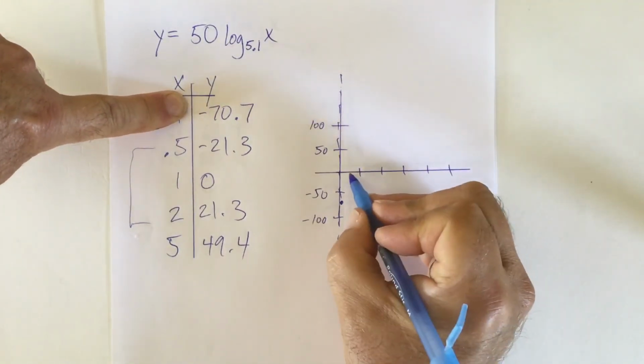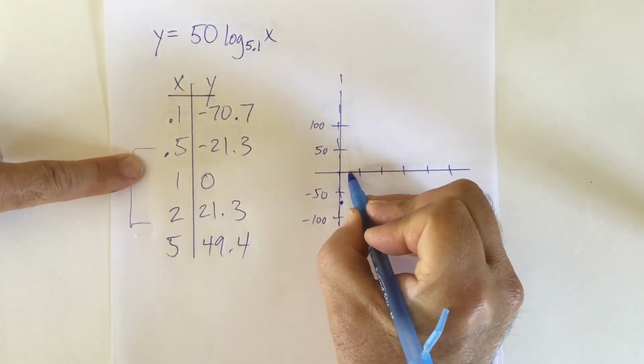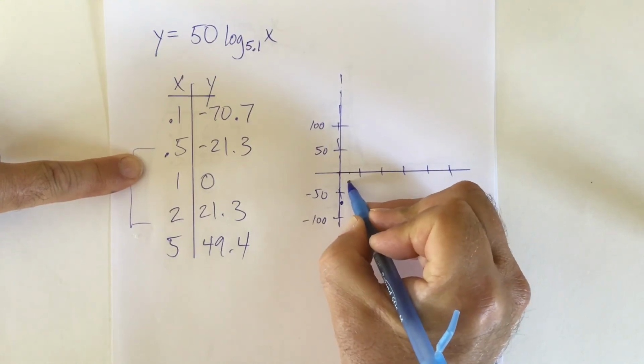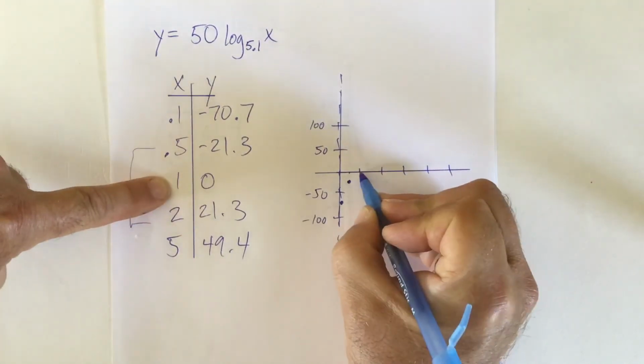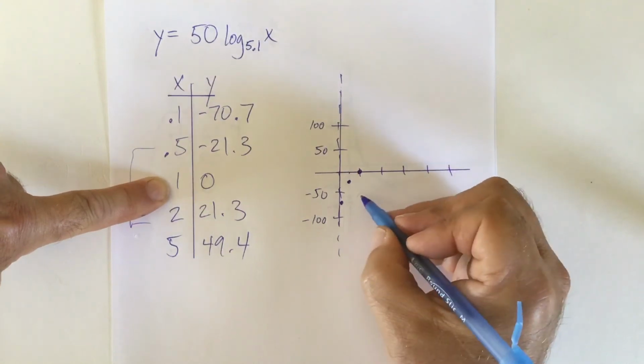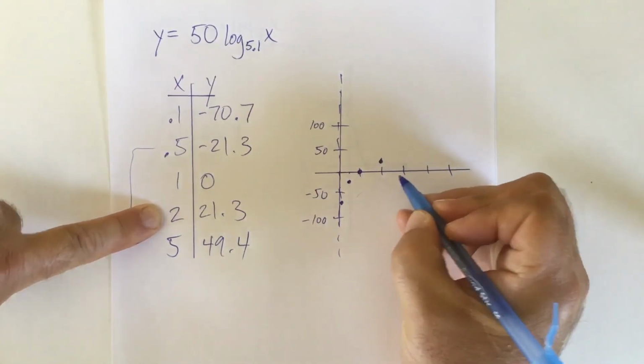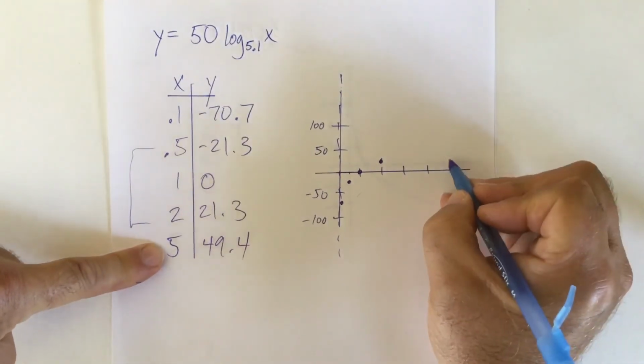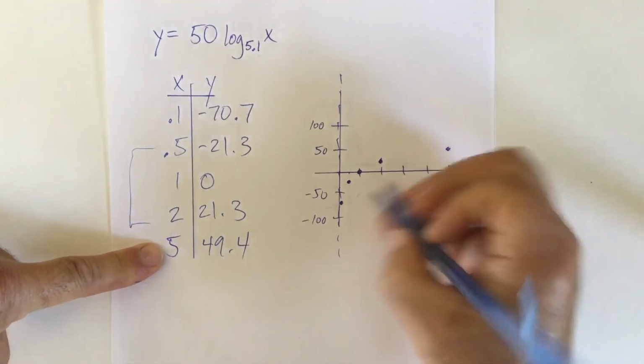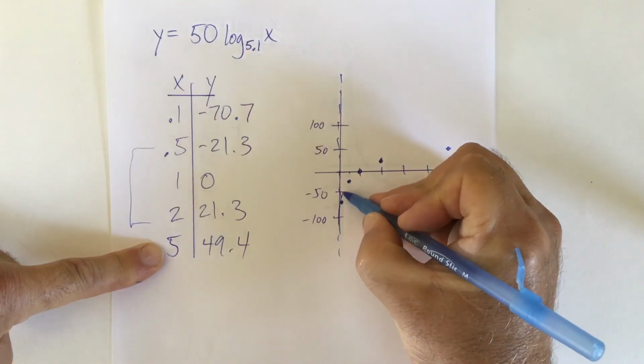I'm guesstimating. I plug in 0.5 for x, I get out negative 21.3. I plug in 1, I get out 0. It's a free spot. I get it the same every time. 2 gives me 21.3. 5 gives me 49.4, so I'm pretty much at 50. And I sketch the graph.